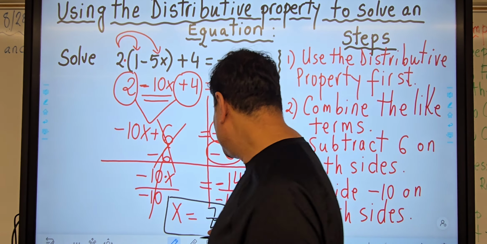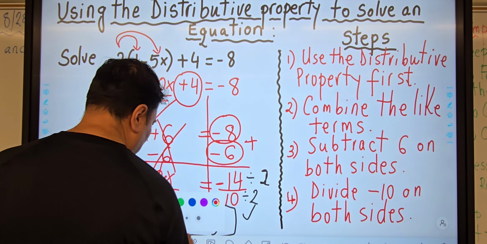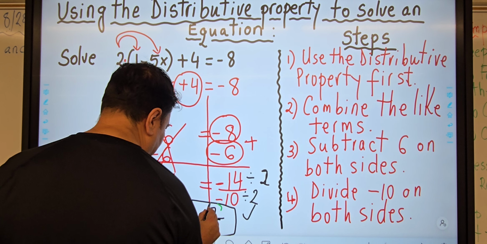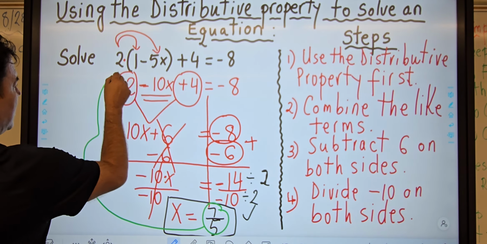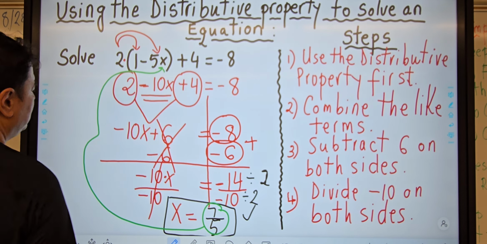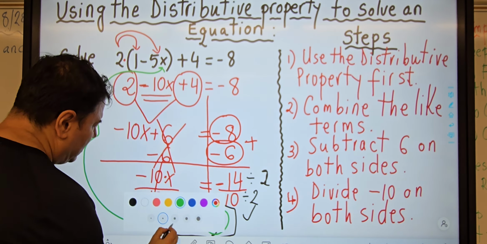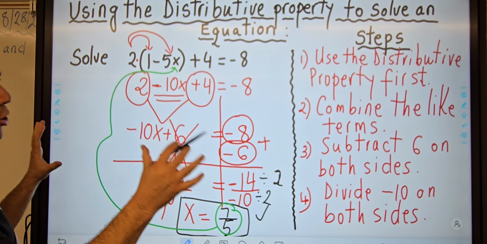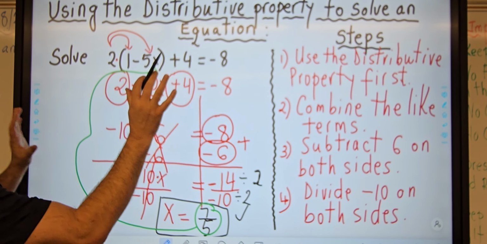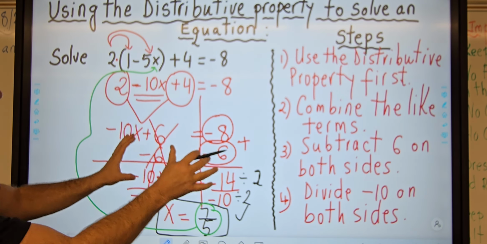And let's do that. So now instead of x, we are going to plug in 7 over 5. So here we are going to plug in 7 over 5 for x. And I'm going to write a little bit smaller because I want to keep all the work on the same slide here.